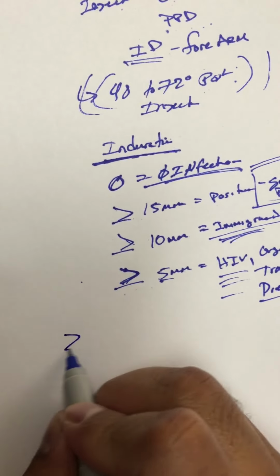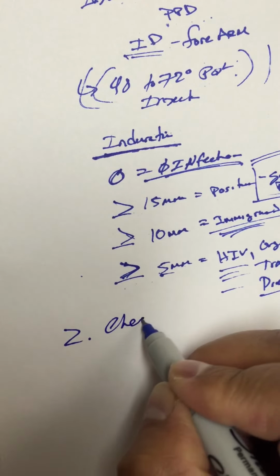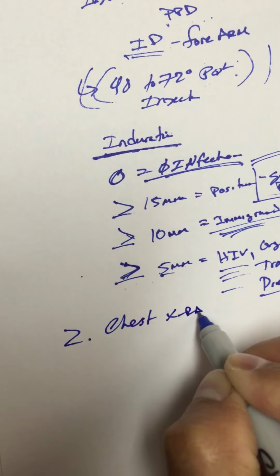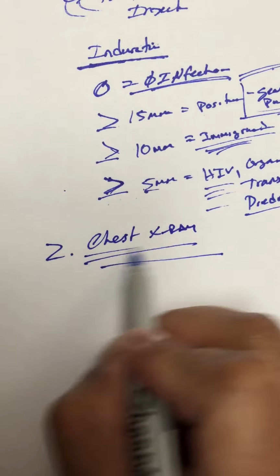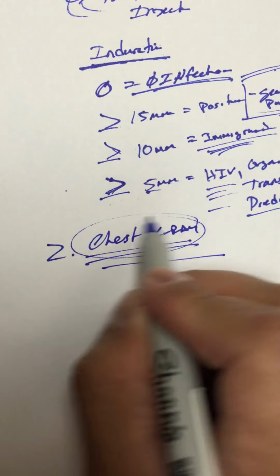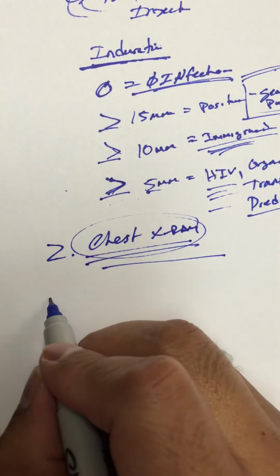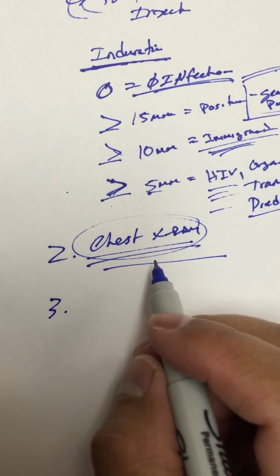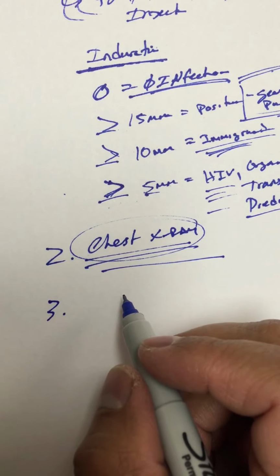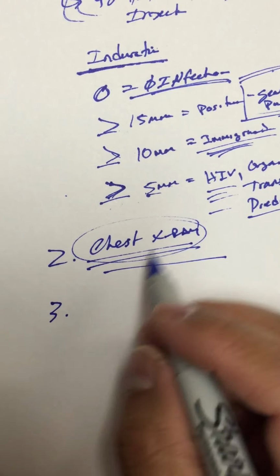Number 2, you'll obtain a chest x-ray. Now again, you will not read this. Chest x-ray will be performed and it will be read by the radiologist in most cases. You will also do something called a sputum smear and culture.